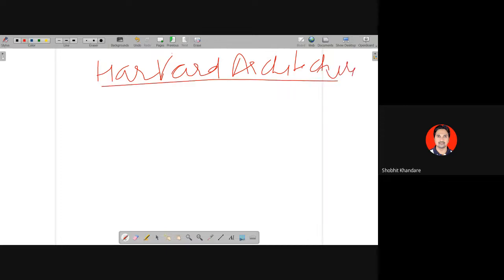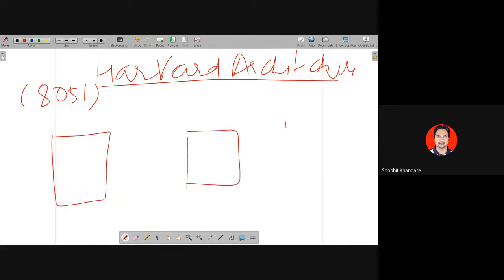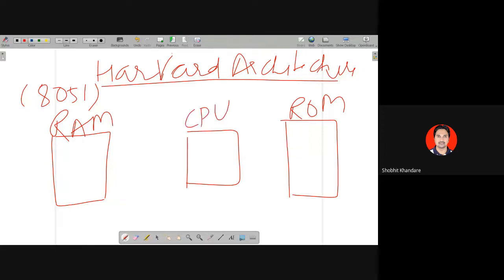And the example is our 8051, जो हमारे सिलेबस में है, microcontroller 8051, that follows Harvard architecture. Now see the Harvard architecture. Here you have a CPU, here you have a RAM, here you have a ROM, and in between you have a CPU. You have a separate data bus to access the RAM, and a separate data bus to access the ROM.